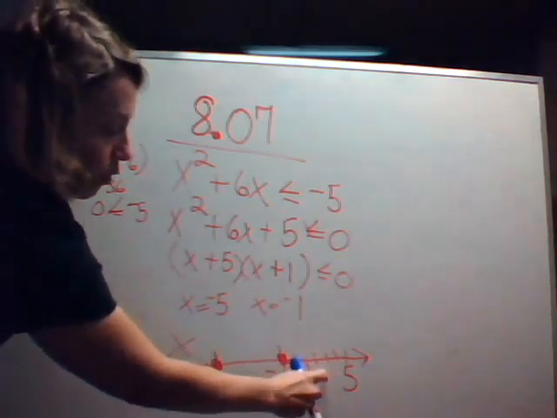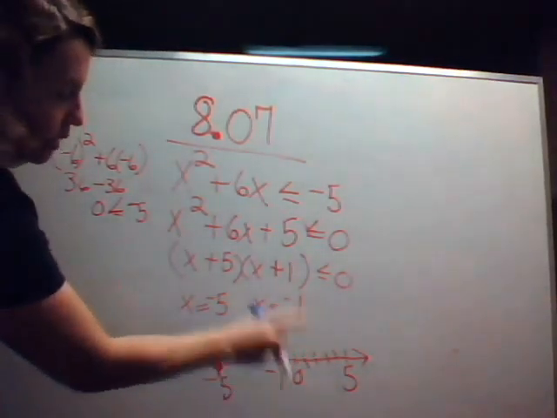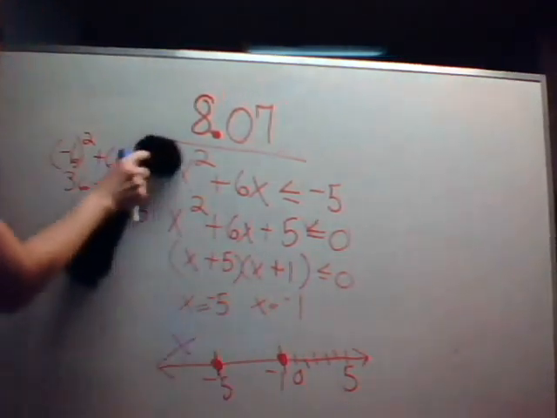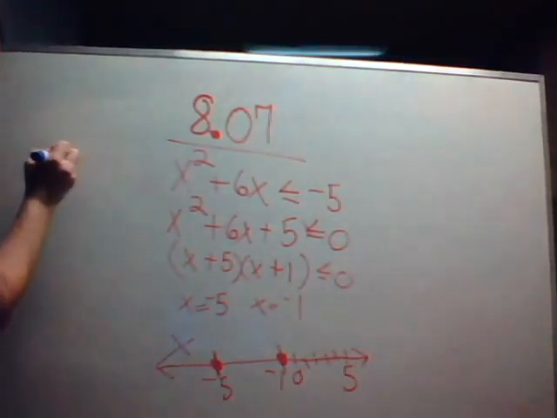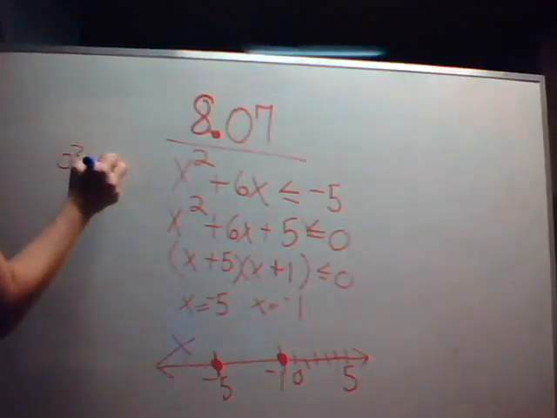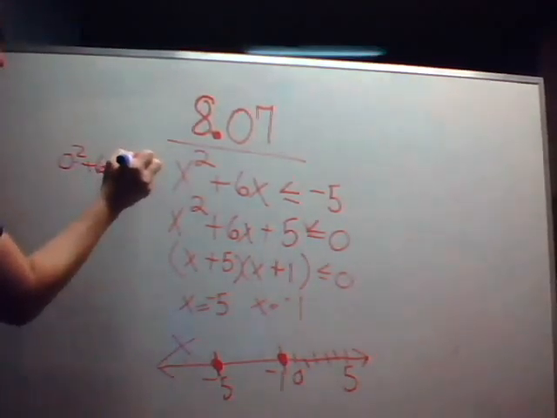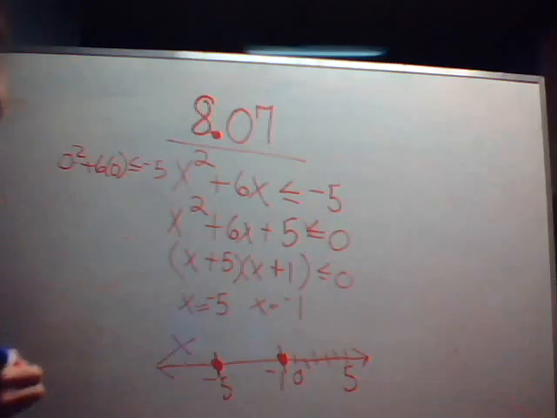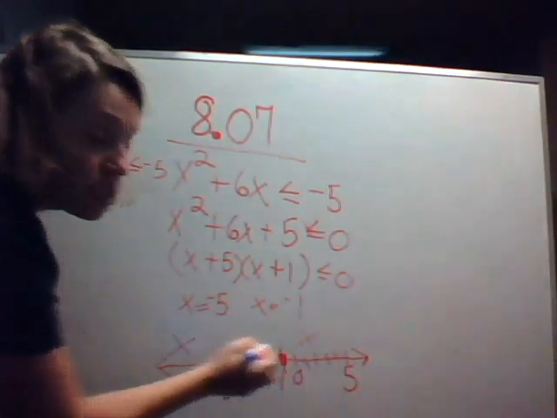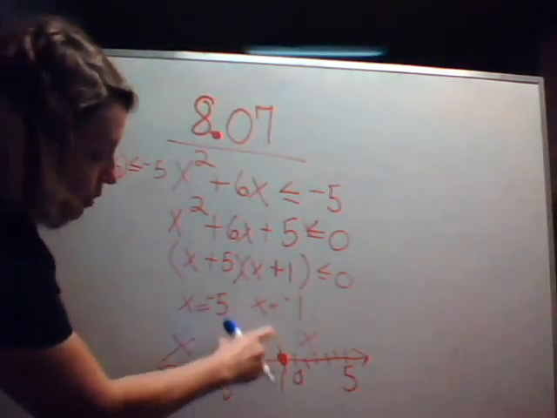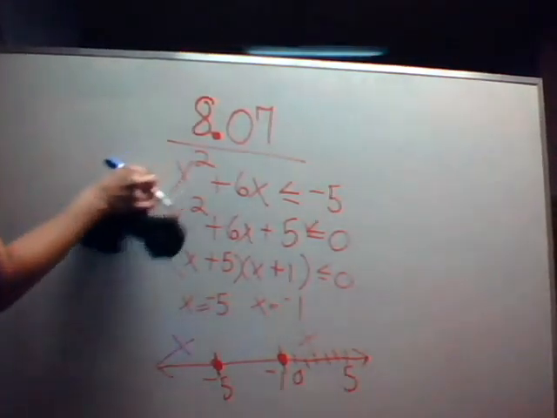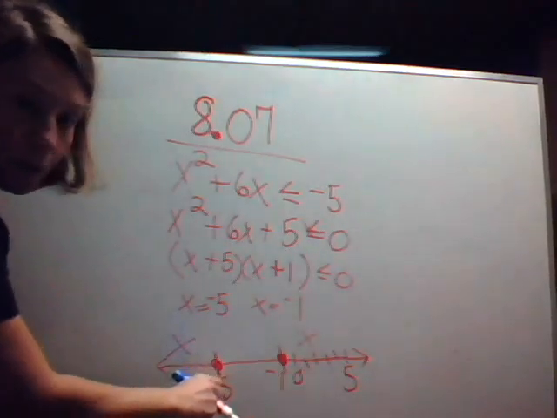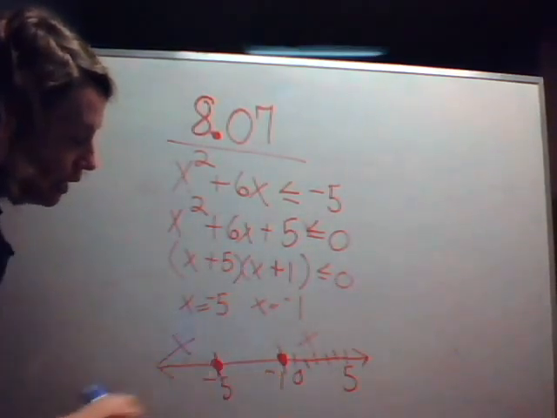So my guess is probably not that region either. So let's try one over here. Let's say 0. Okay, 0 is a nice easy one to plug in. So 0 squared plus 6 times 0, which is 0, is that less than negative 5? No, that region's not working either. So that means it's probably everything in between. So let's try a number between negative 5 and negative 1.